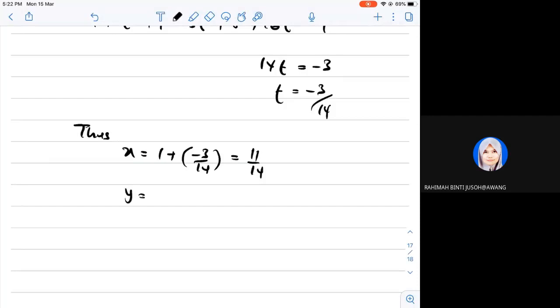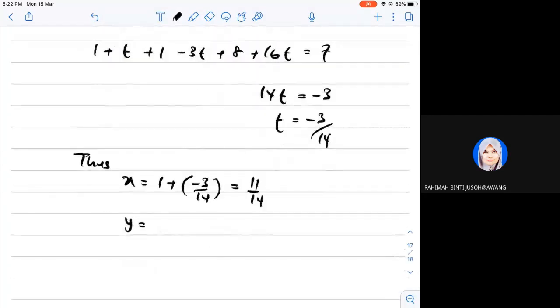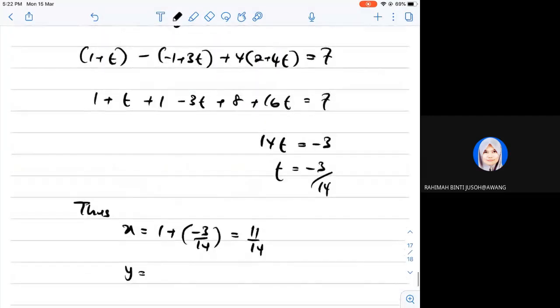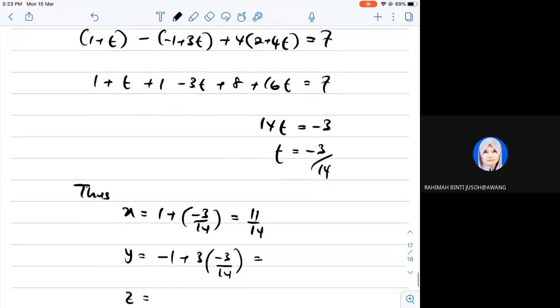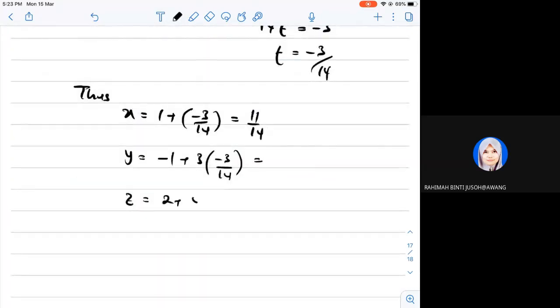And then y equals to -1 plus 3t, -3 over 14 equals to, dapat berapa ni guys? Cuba kira-kira. Z equals to 2 plus 4t, -3 over 14.